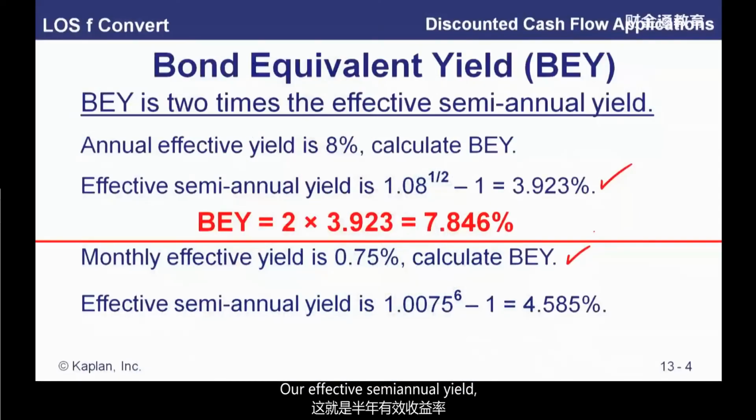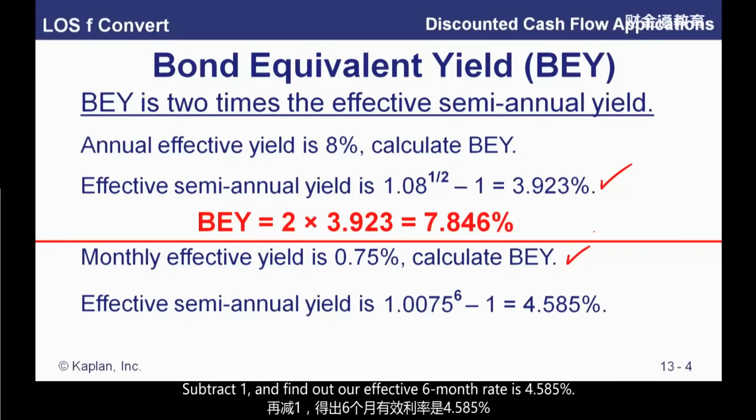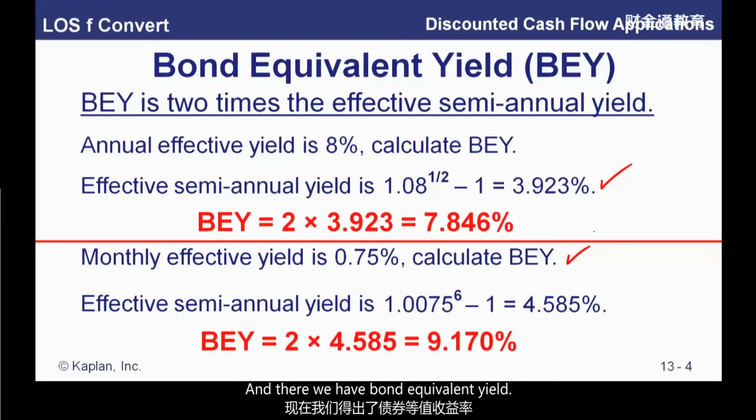Our effective semi-annual yield, we take 1 plus the monthly rate to the 6th power, compound it for 6 months, subtract 1, and find out our effective 6-month rate is 4.585%. And what's our last step here? Again, that's a 6-month effective yield, double it, and there we have a bond equivalent yield.